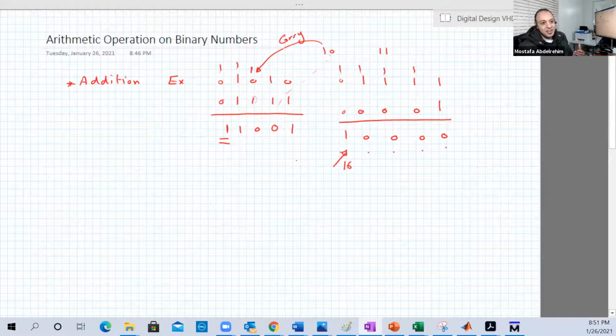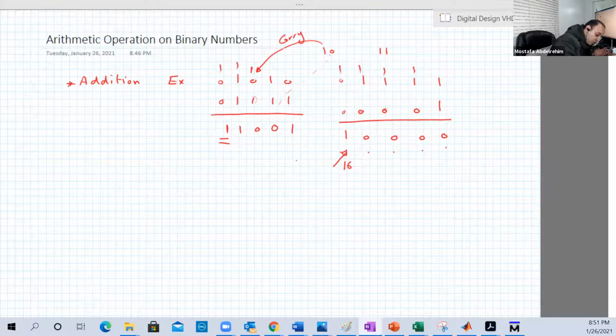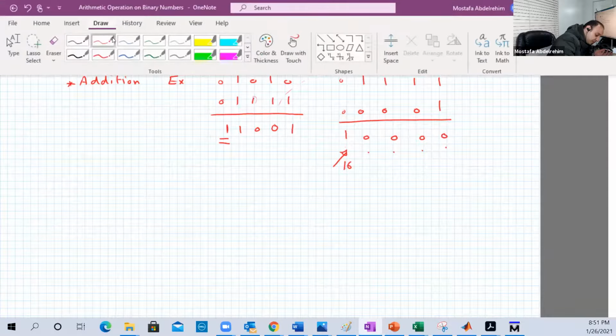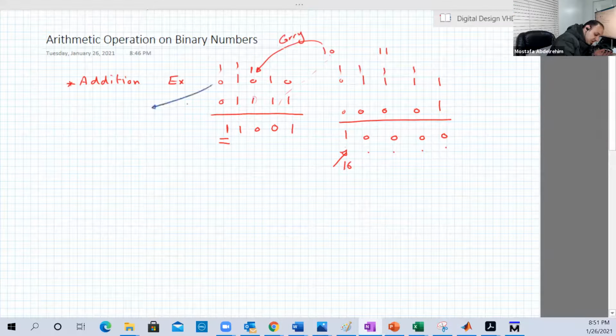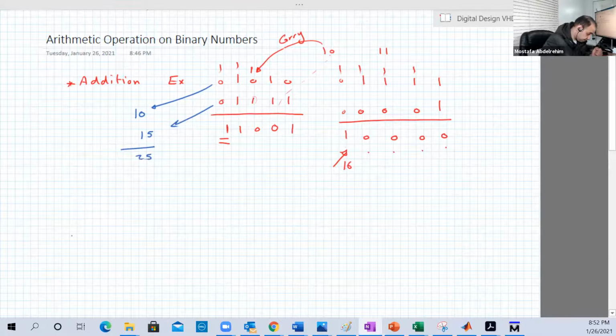The good thing here is that you can verify using decimals. So you can just convert it to decimal. Let's convert the first number. This is 2 to the power of 1 plus 2 to the power of 3, which is 10. And this is 15. So 10 plus 15 is 25.